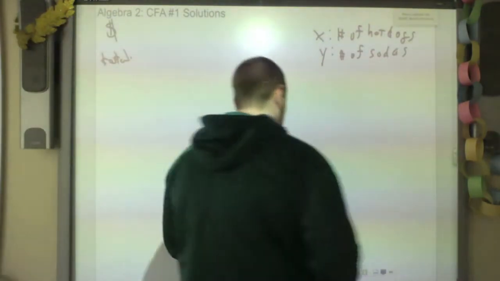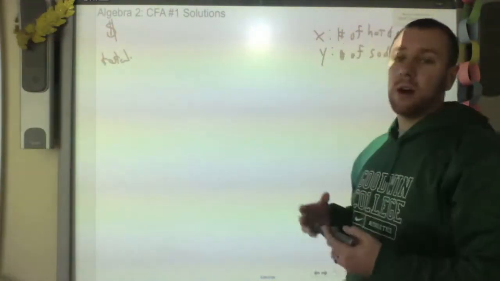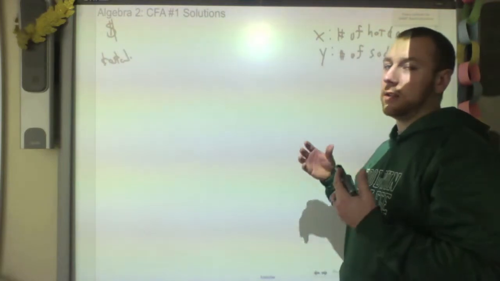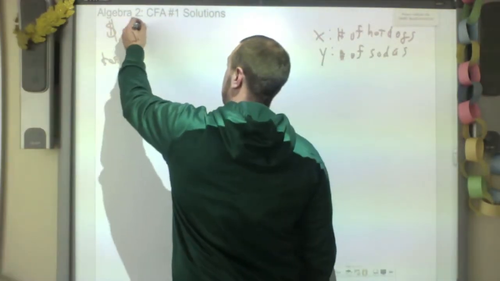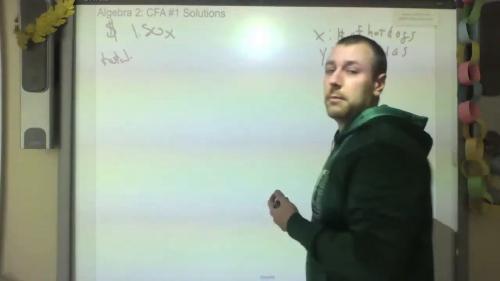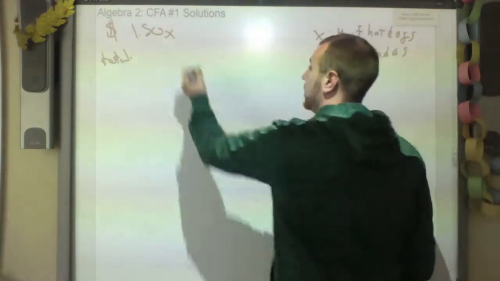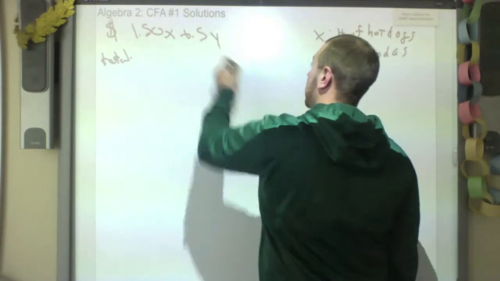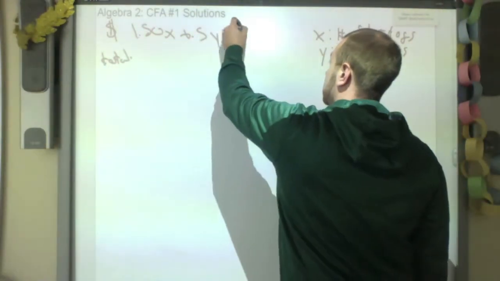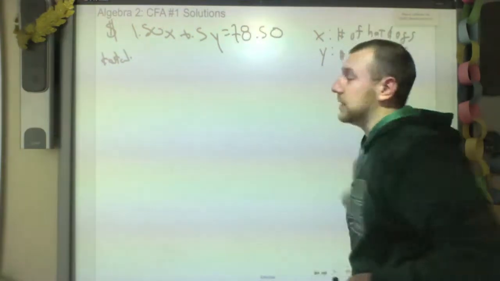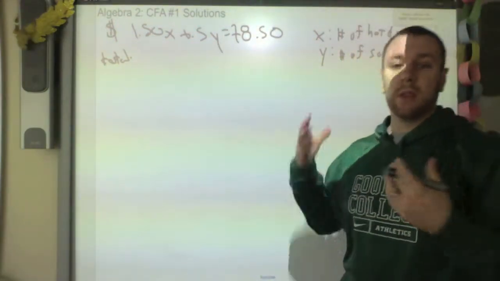Okay, so if you're reading the question, we know that we made $1.50 for every hot dog, so that's 1.50x, and we made 50 cents for every soda, so plus 0.5y, and we know that we made $78.50 total.